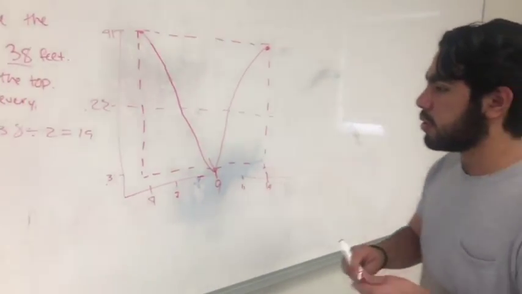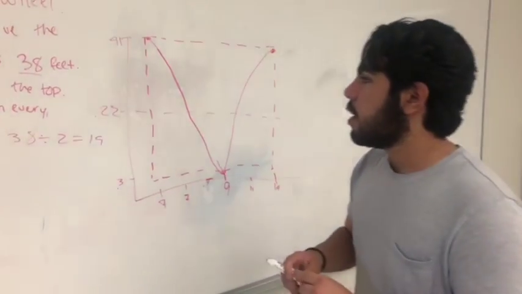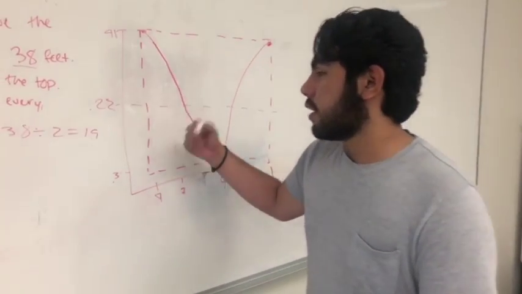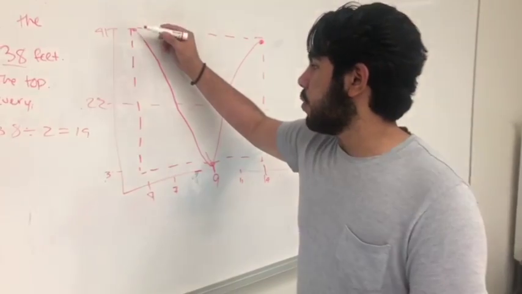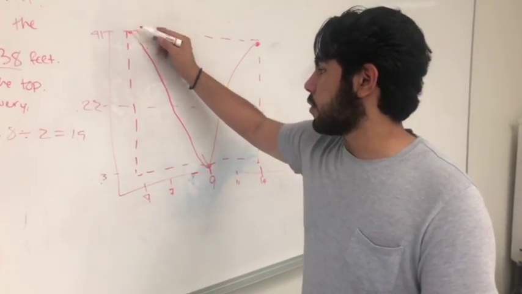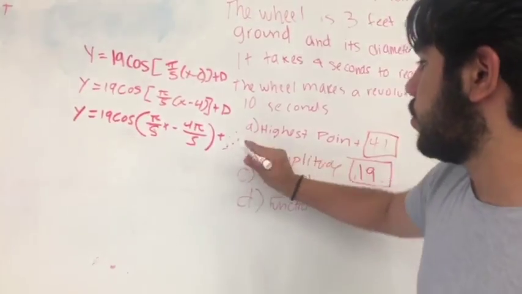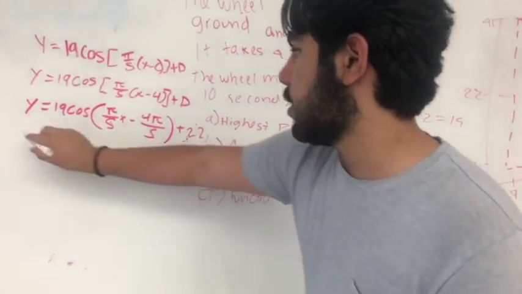A normal cosine function starts at 0, 1. But the amplitude of the equation is 22, and it's a cosine function. We start at 41, and as you can see, the function starts going down, then it reaches the top again. So for the final equation, you have to add a 22 to complete the equation.